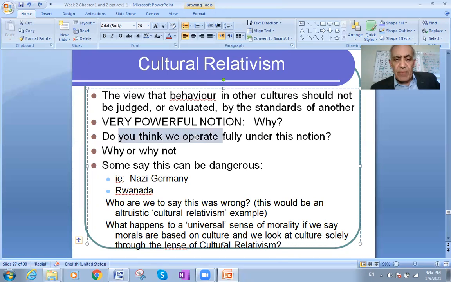Do you think we operate fully under this notion? Why or why not? I'm just asking you. If you live in the Gulf area, for example, there they have a conservative culture. In some places in the world they prefer men over women; they rank men number one and women number two.